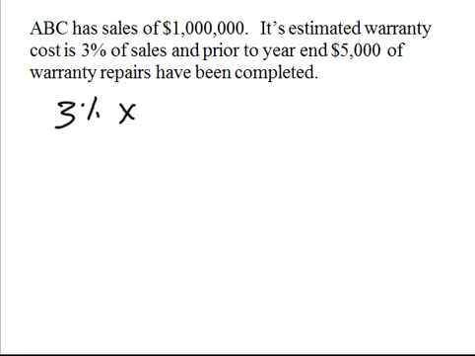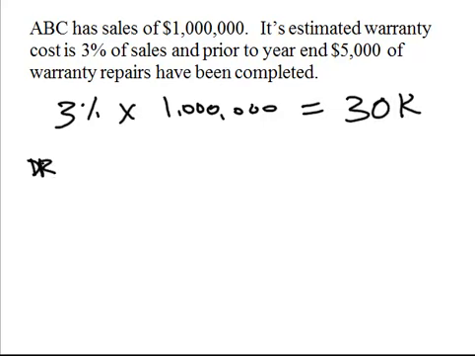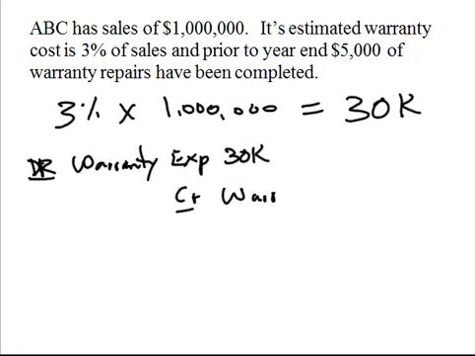3% multiplied by the 1 million in sales tells us that we're estimating $30,000 in warranty claims. Accrual basis accounting says we will record the warranty expense in the period of the sales. We will credit a warranty liability to allow for the possibility that we will have to satisfy these claims in the future.